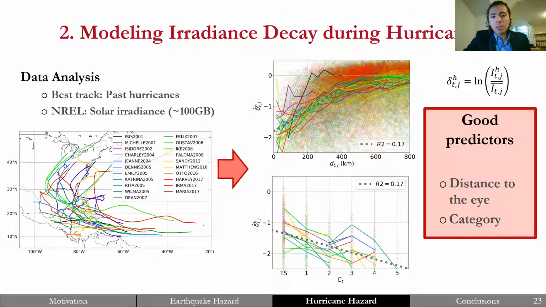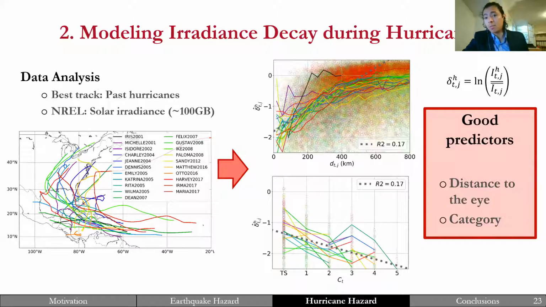And here, what you're seeing in these two plots are a measure of irradiance decay. It's just the logarithm of the irradiance recorded during the hurricane over its median under normal conditions. You can see in the upper plot that the decay is more intense closer to the eye of the hurricane, when D is closer to 0.